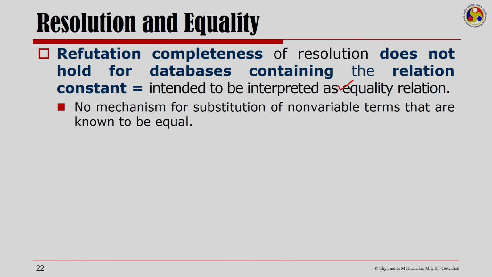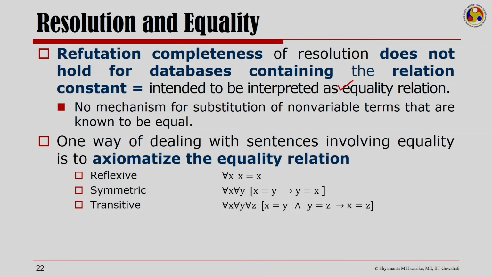There is no mechanism for substitution of non-variable terms that are known to be equal. One way of dealing with sentences involving equality is to axiomatize the equality relation. We know equality is reflexive, symmetric and transitive. So, we could introduce into our set of clauses axioms to state equality being reflexive, symmetric and transitive.